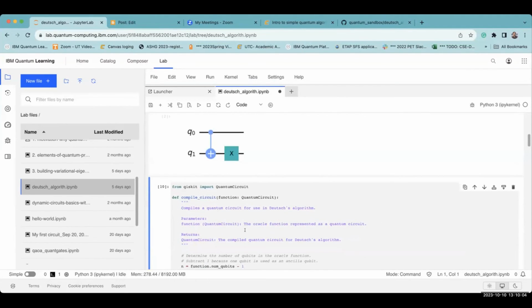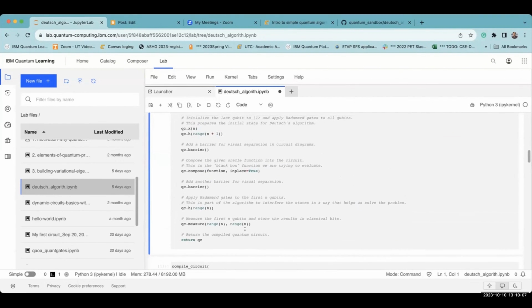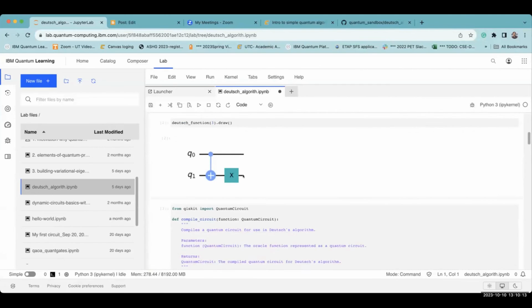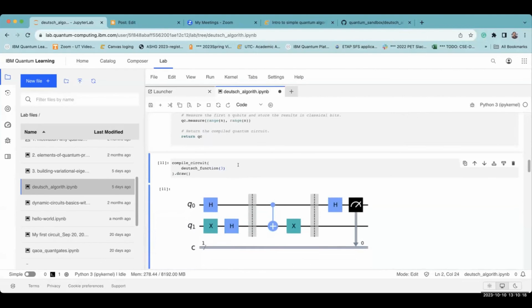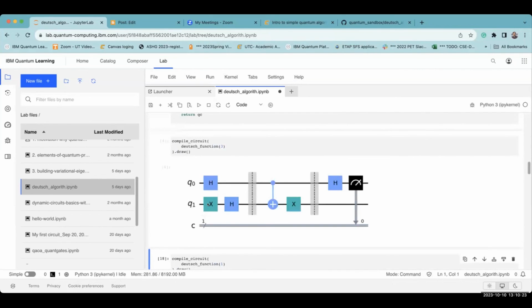Then I draw the entire circuit. By the way, this might look different from the book because there's an extra gate just to flip the bottom qubit into 1.